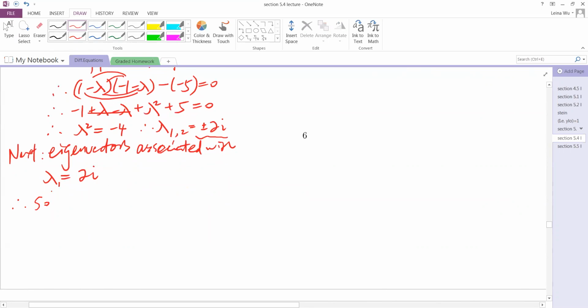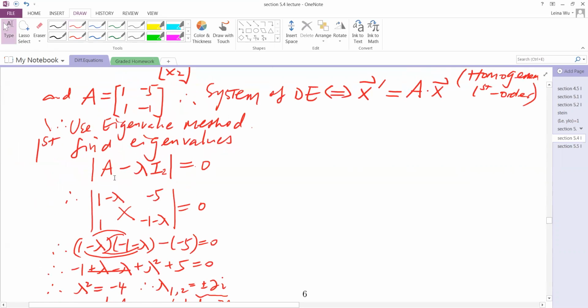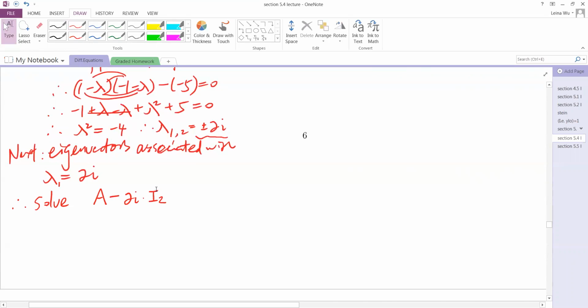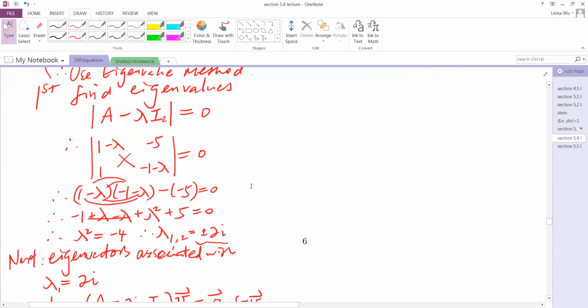So basically, we're going to solve the equation A minus lambda times I2, and then vector v equals the 0 vector, right? Is that all right? Yes.